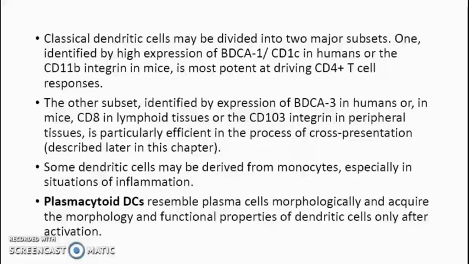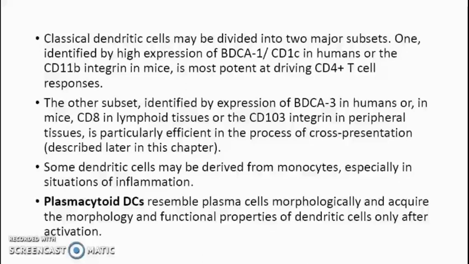The other subset, identified by expression of BDCA3 in humans, or in mice, CD8 in lymphoid tissue or CD103 integrin in peripheral tissue, is particularly efficient in the process of cross-presentation.